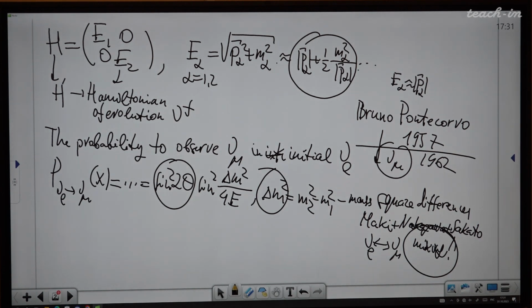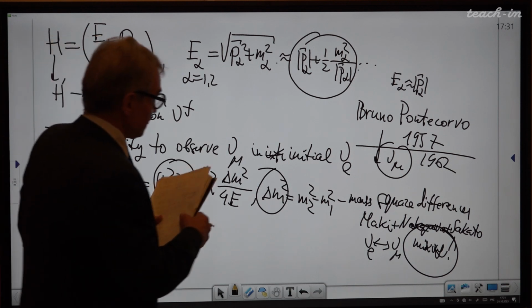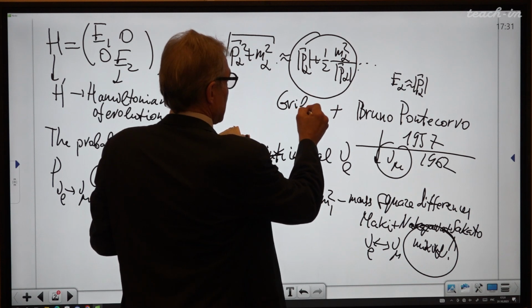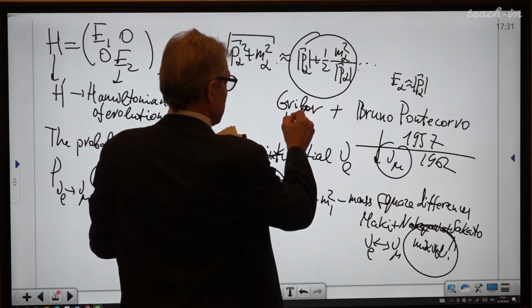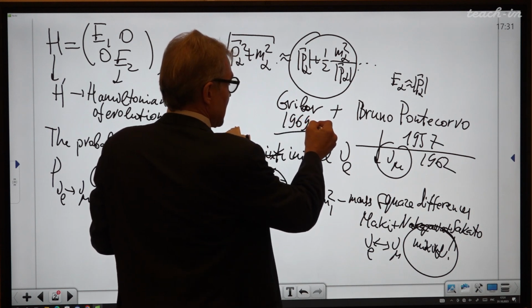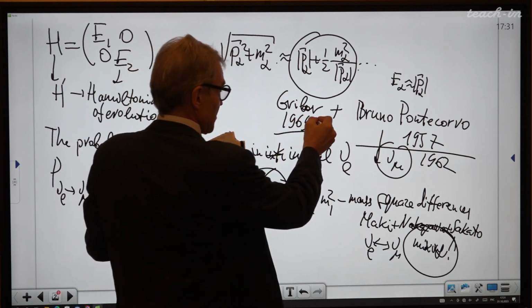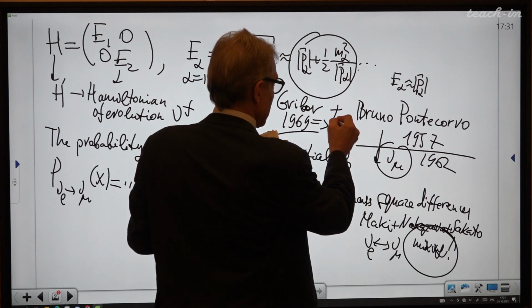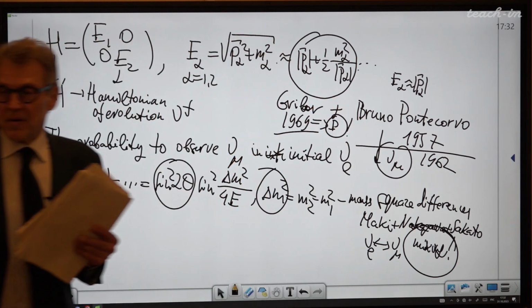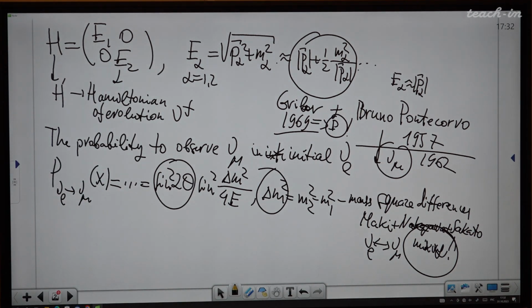But then Pontecorvo and Gribov in 1969 calculated the probability of oscillations. More or less they obtained this formula.